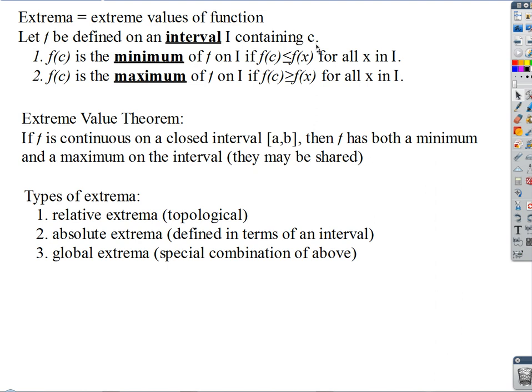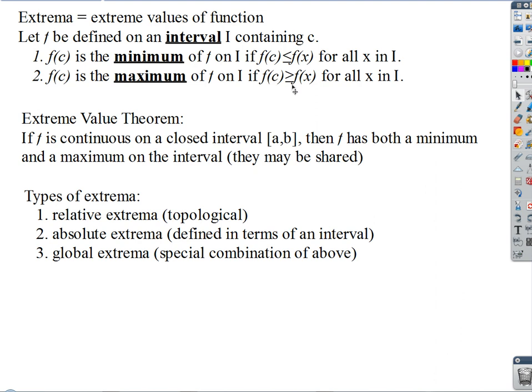Then we would say that f of c is the minimum of the function if it's the smallest y value, if f of c is less than or equal to f of x for all the other values of x surrounding c. If c gives us the smallest y value, then doesn't it stand to reason we might call that a minimum? And conversely, we call f of c a maximum of the function if, for all the values of x around this one value c, f of c produces the biggest y value.